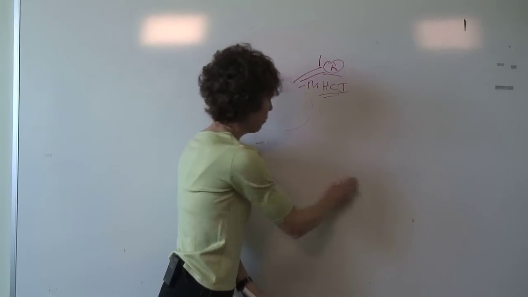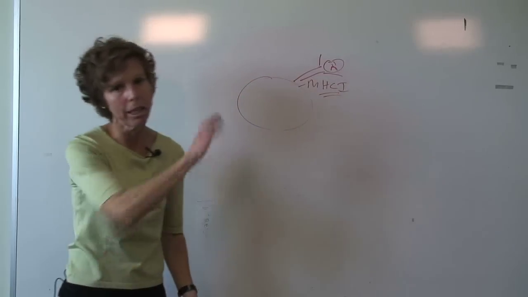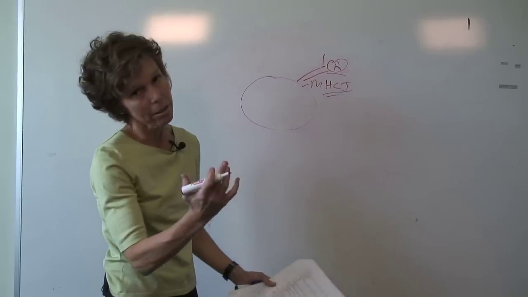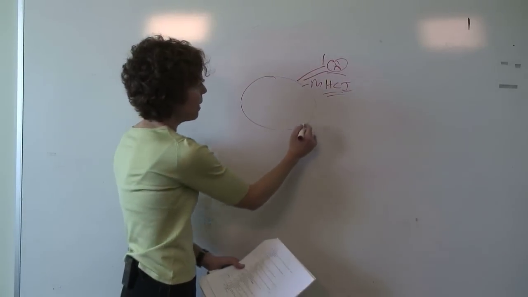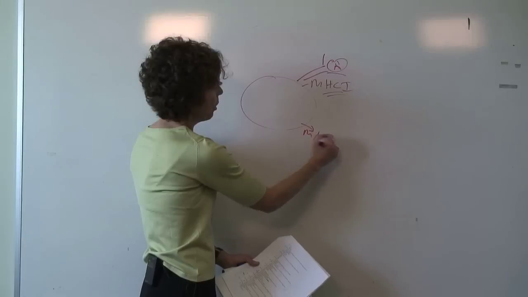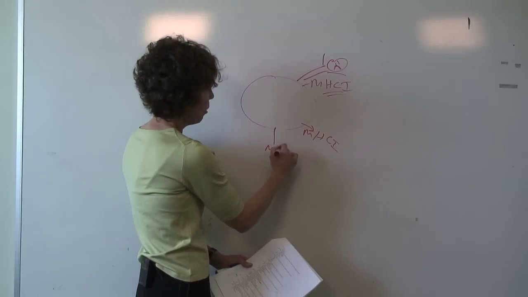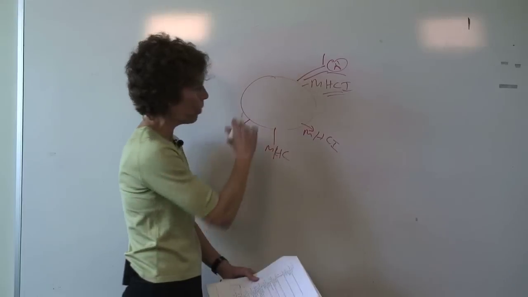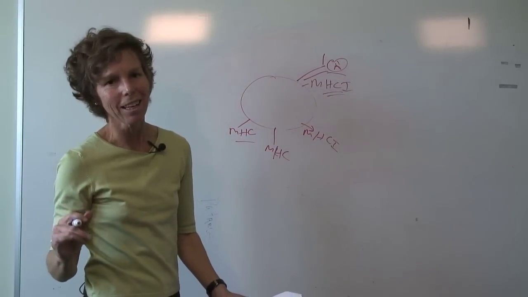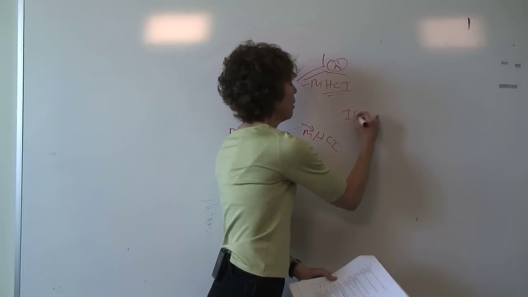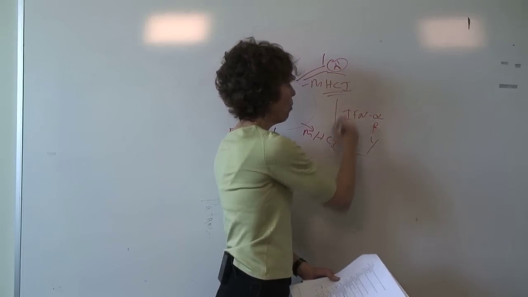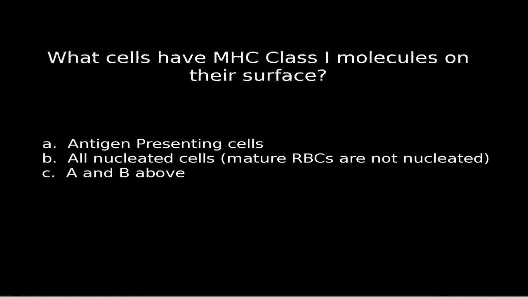So let's go back to immunology, and with regard to recognizing self from non-self and infected cells from non-infected cells, you can increase the expression of MHC class 1. And again, color me surprised, what increases the expression? Cytokines. So interferon alpha, beta, and gamma all increase the expression of MHC class 1.